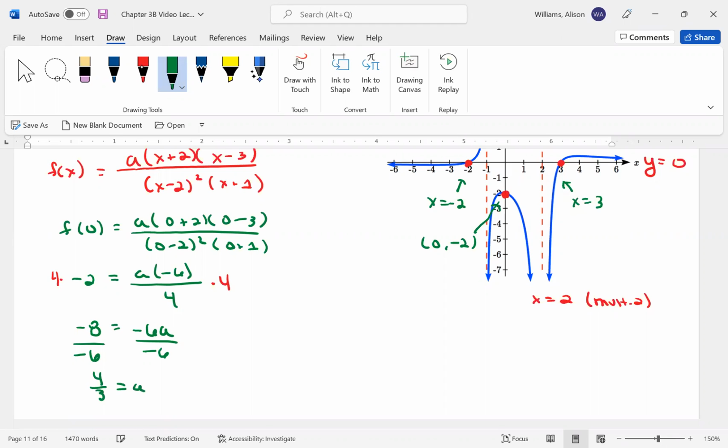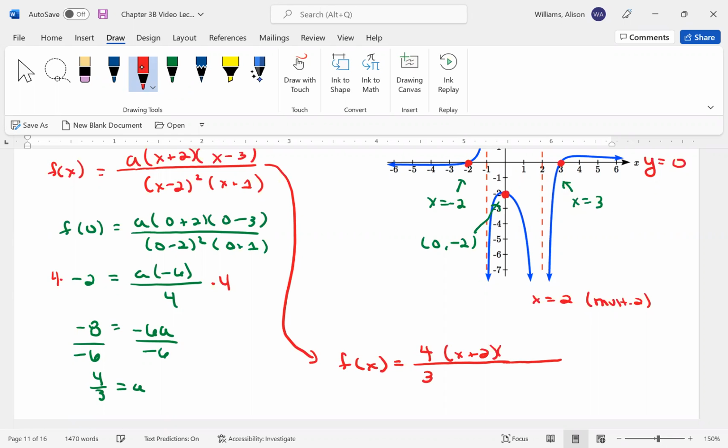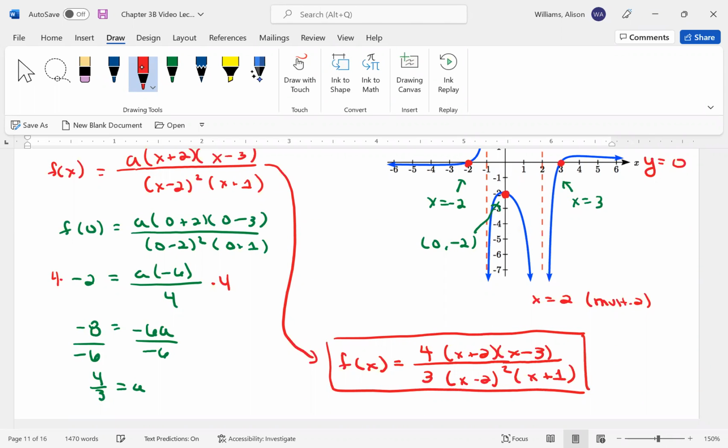So our final rational function, let me give myself a little more space, is f of x equals 4/3, so I'm going to put a 4 in the numerator, 3 in the denominator, and then x plus 2, x minus 3, over x minus 2 squared, x plus 1. And then we can verify on Desmos that it does in fact give us this graph.